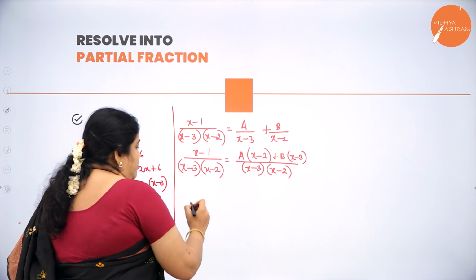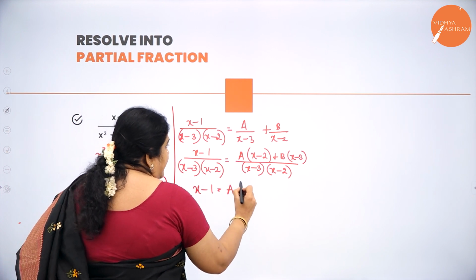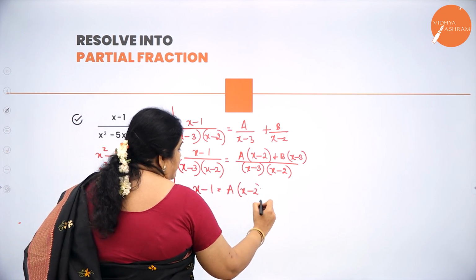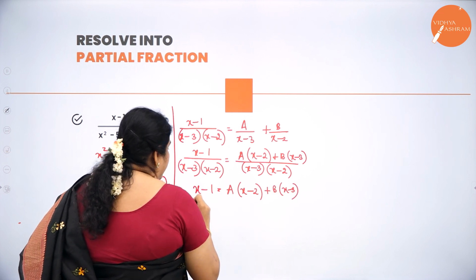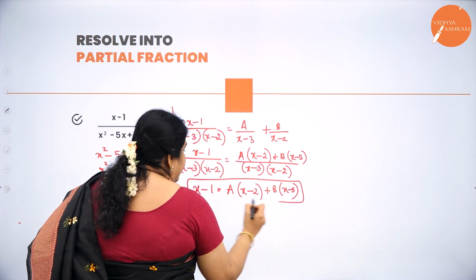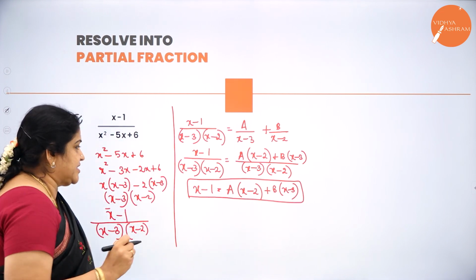So we compare the numerator. x minus 1 is equal to A into x minus 2 plus B into x minus 3. So this is the expression in which we are going to substitute those values of x.